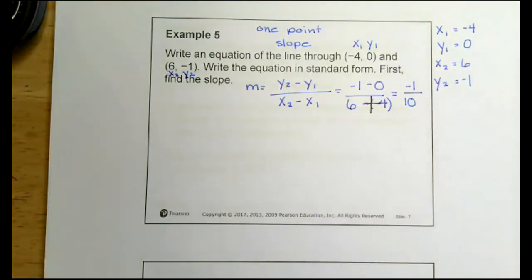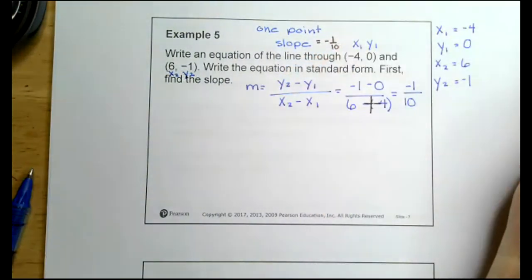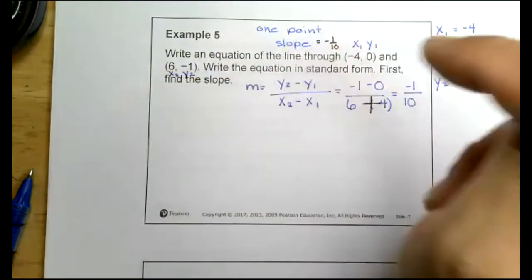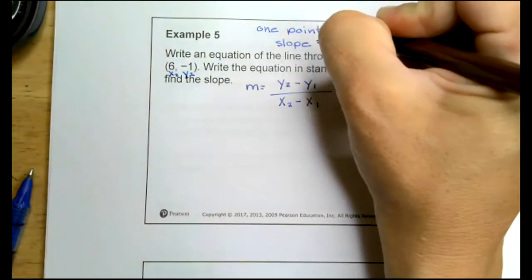Your slope is -1/10. Now you found the slope and you have a point. You can choose either point, doesn't matter. Let's do -4, 0, okay?